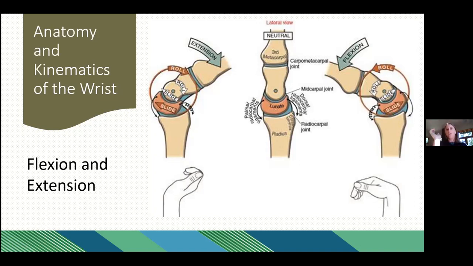And then also you get a gliding of the bones. I attribute it to this: if we just rolled, it might roll off the edge of the bone. So our bodies have to glide it that way so that it stays central to the radius.